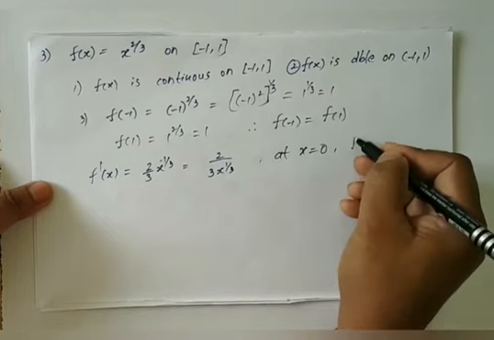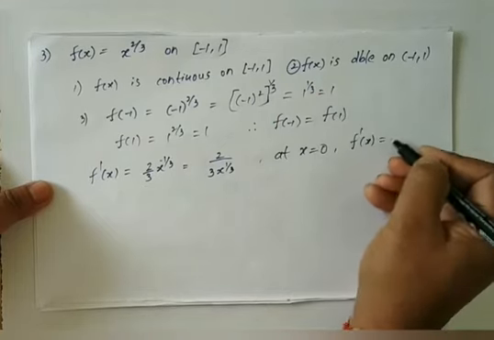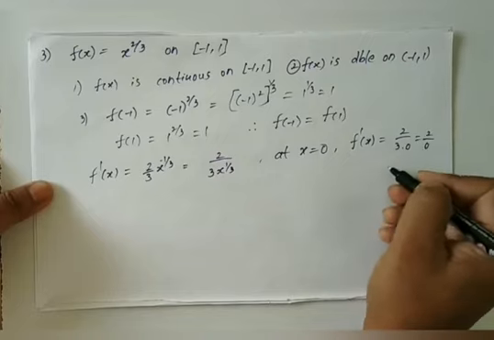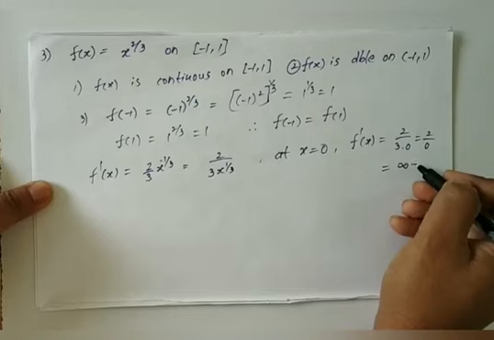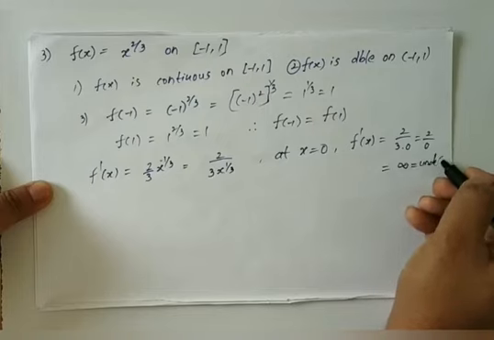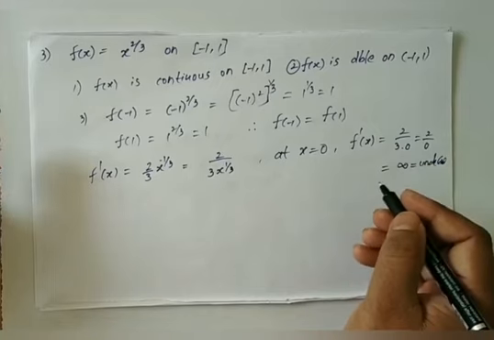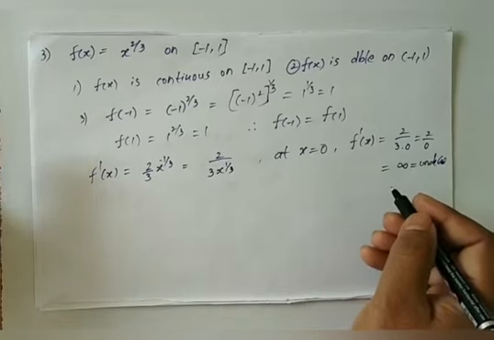At x is equal to 0, f dash of x is equal to 2 by 3 into 0, which is 2 by 0, which is infinity. That means undefined. At x is equal to 0, f dash of x does not exist.